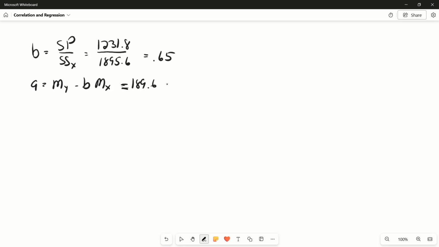This equals minus b, which is 0.65, times the mean of x, which is 512 divided by 10, which is 51.2. So this is 189.6 minus this product. And when I do that, I get 156.32.